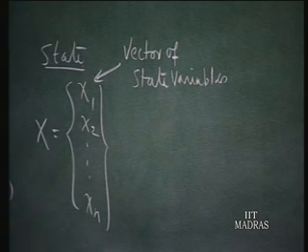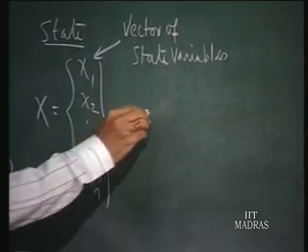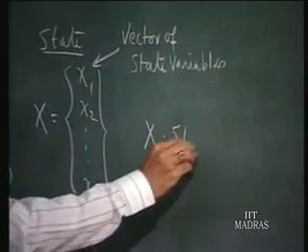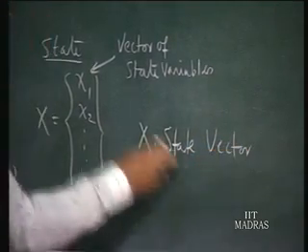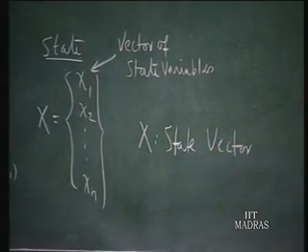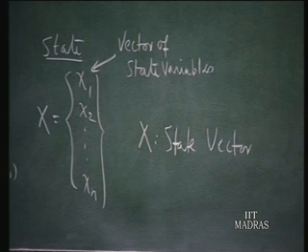So, x is the state vector. It is called simply state or state vector, and the various n components x1 to xn are called the state variables.